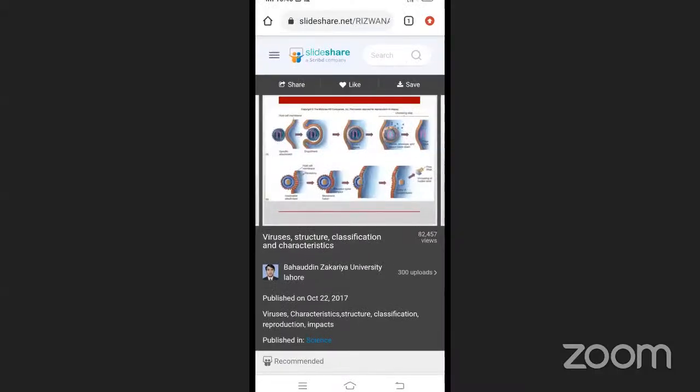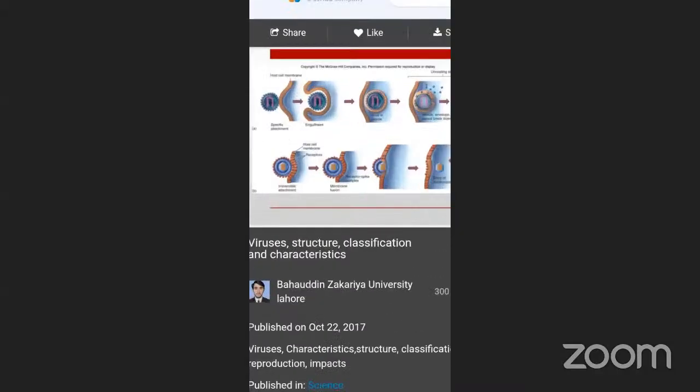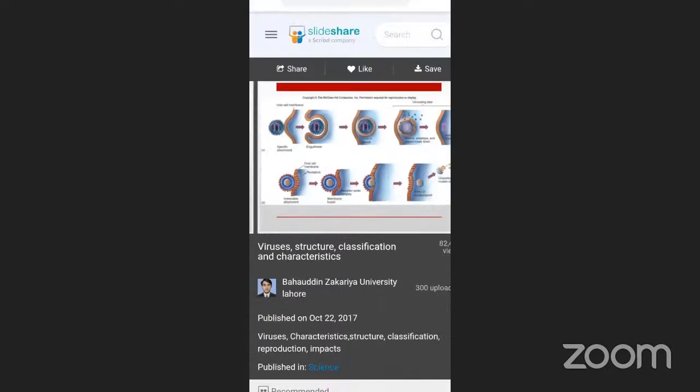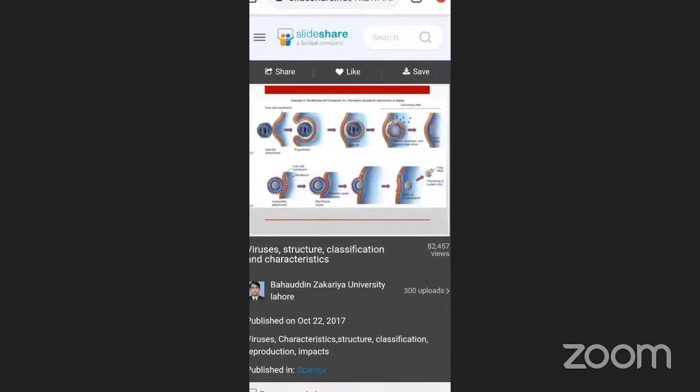So next is the synthesis. I have shown the diagram here. See here. First of all, the virus enters the host cell membrane, and then gradually it digests the envelope of the virus.